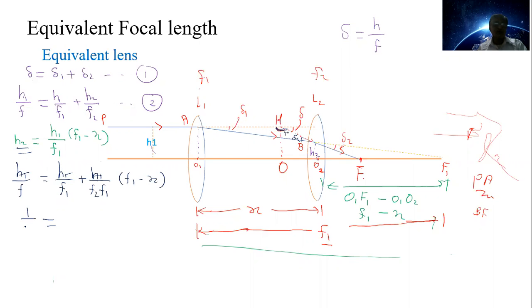Then here we have left 1 upon F is equal to 1 upon F1 plus 1 upon F1 F2 into F1 minus X.